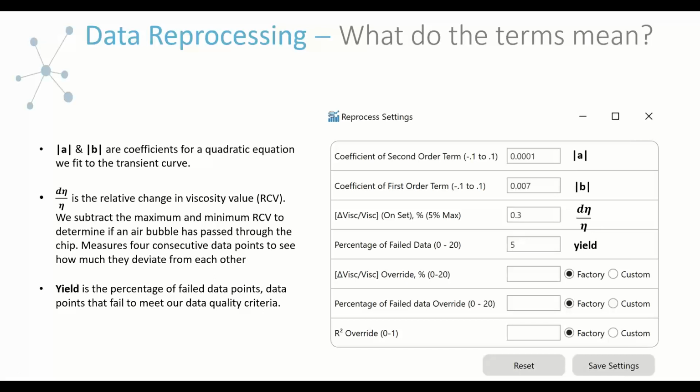If it deviates too much from this, Clariti will flag it as poor data quality. This is one way Clariti flags data quality.